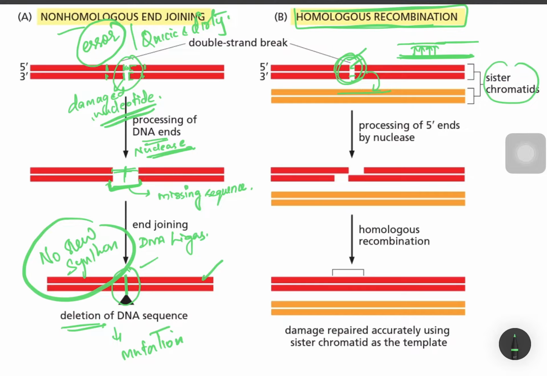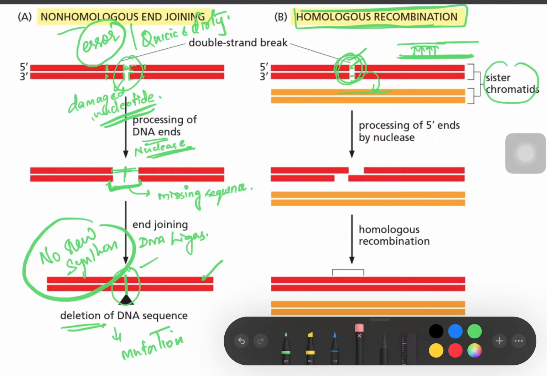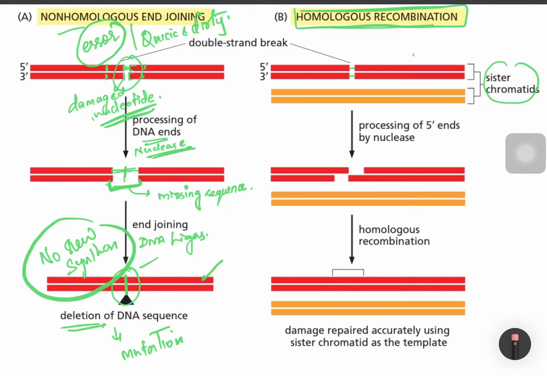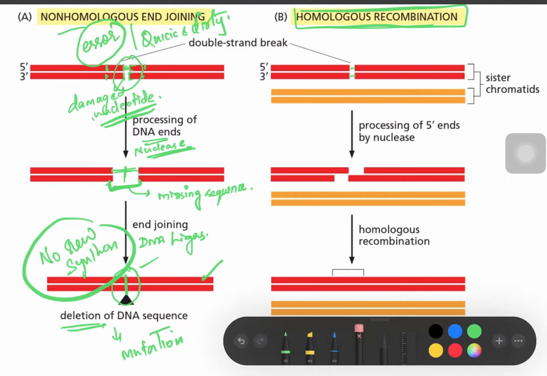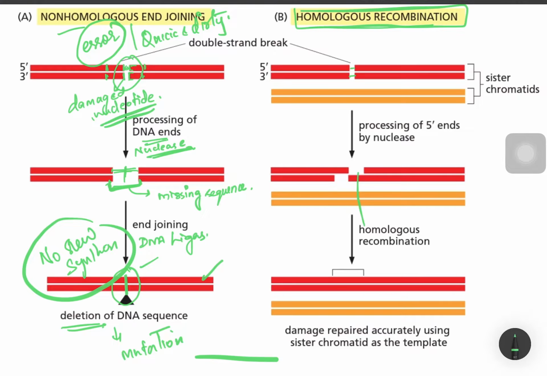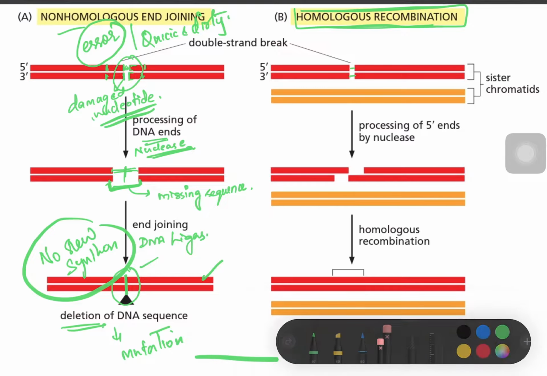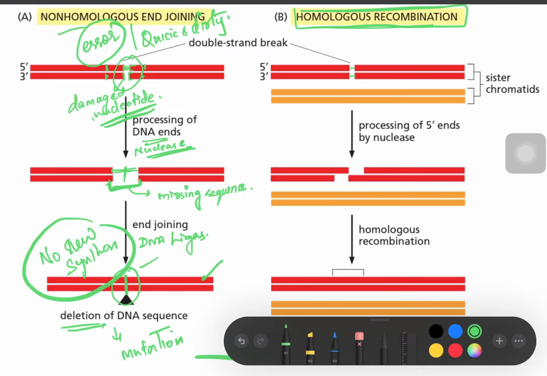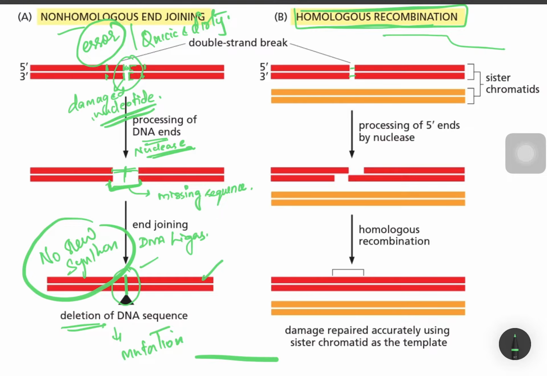So what are sister chromatids? We know that during DNA replication the two strands will unwind and a new strand will come to synthesize, forming two double stranded DNA structures.